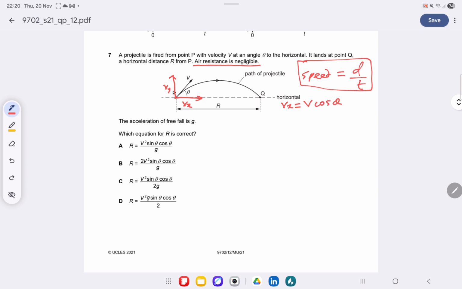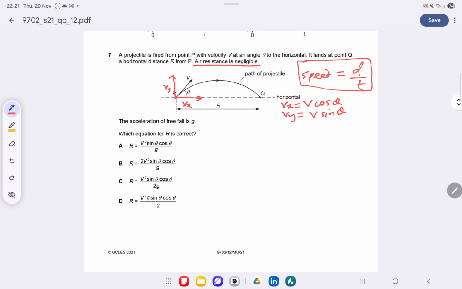And for the velocity in our vertical direction, Vy, that will be V sine theta. So when we are dealing with the horizontal motion, our speed will be the velocity in the horizontal direction, that is V cos theta. And then the distance in the horizontal from P to Q will be our R.